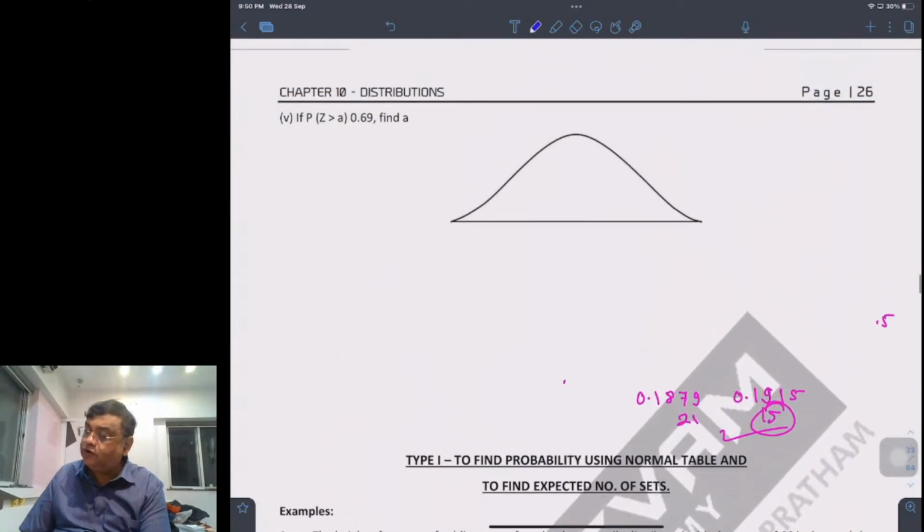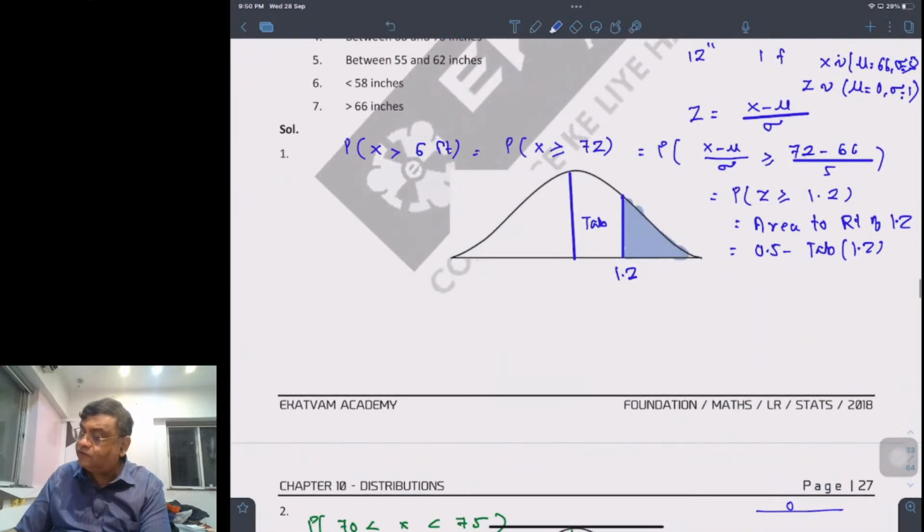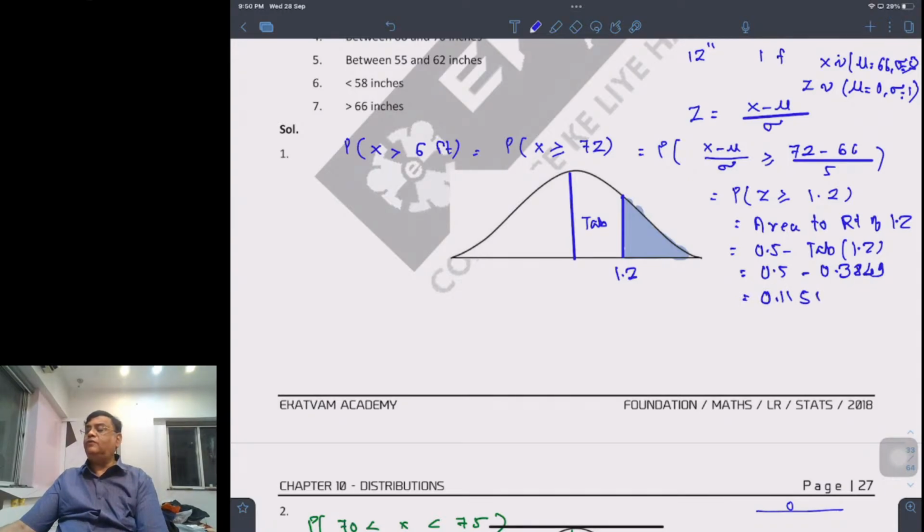If you want the table value for 1.2, that means 1.2 and 0, that is 0.3849. When you subtract, I guess this is going to be 0.1151.